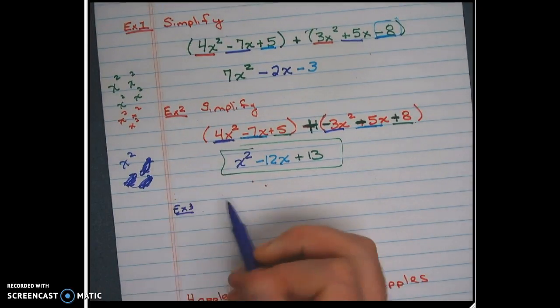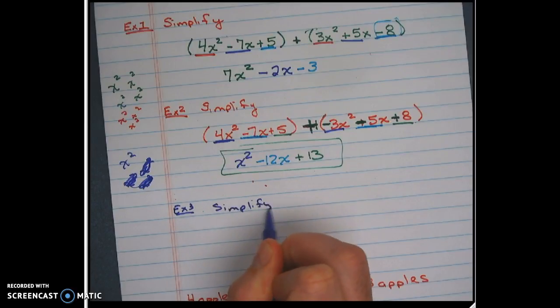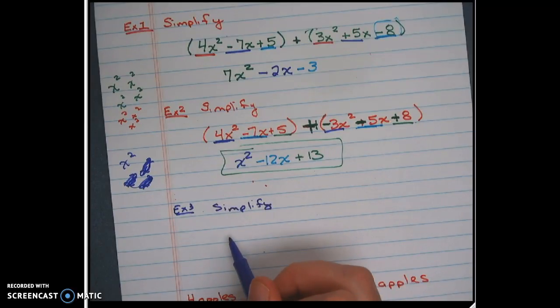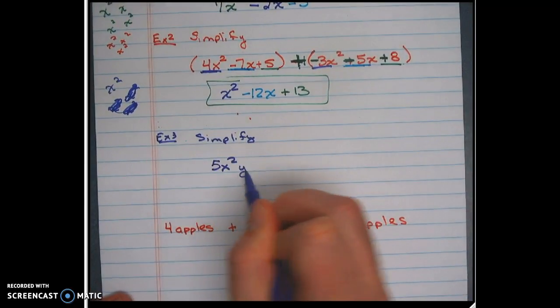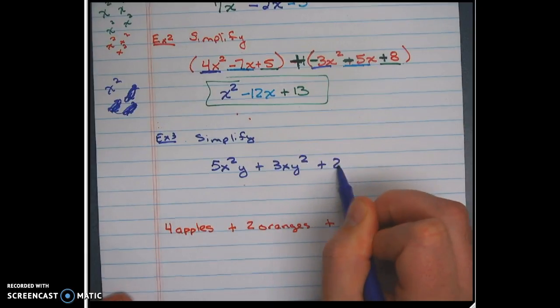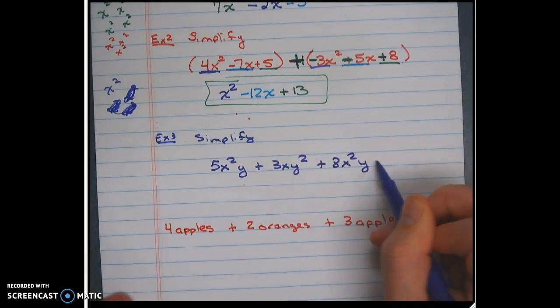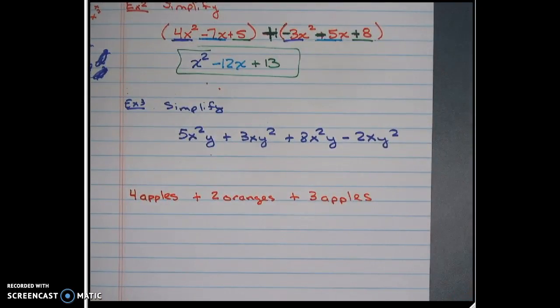Sometimes you'll look at problems where there'll be x's and y's. And so if we had something like 5x squared y plus 3xy squared plus 8x squared y minus 2xy squared. Again, you look for the things that are alike.